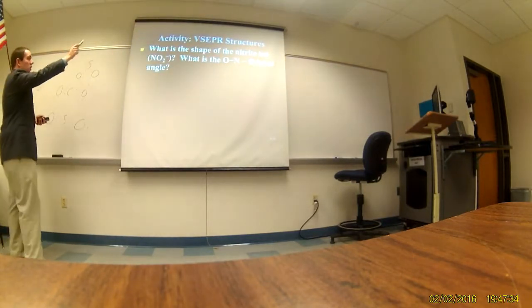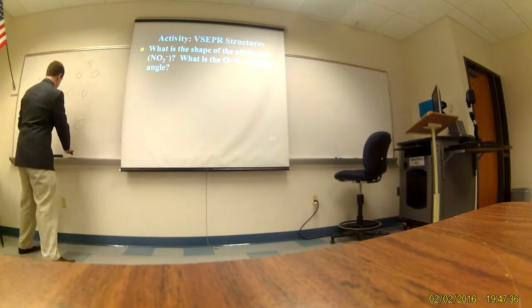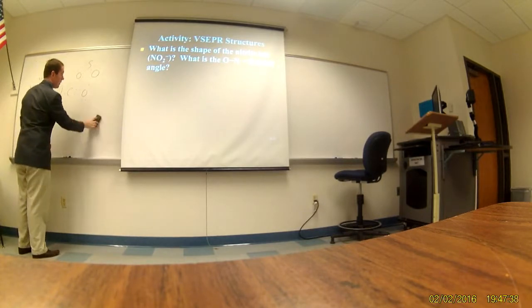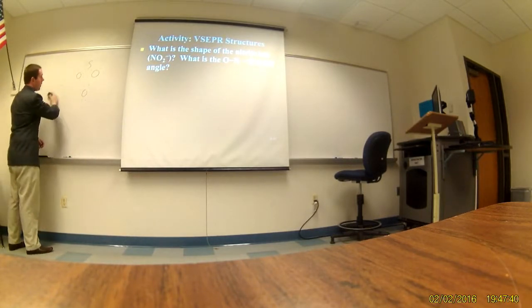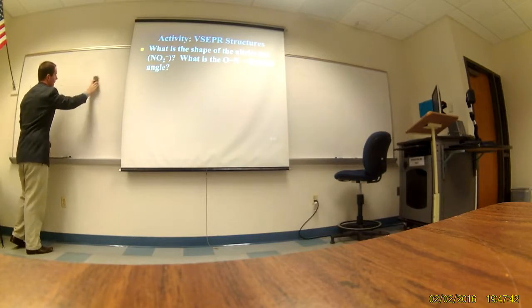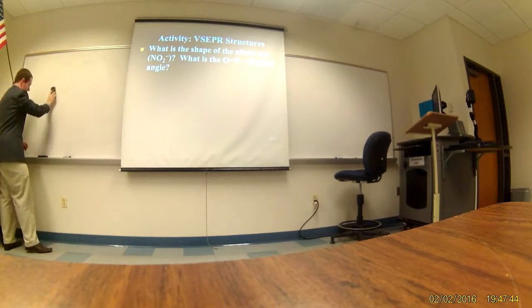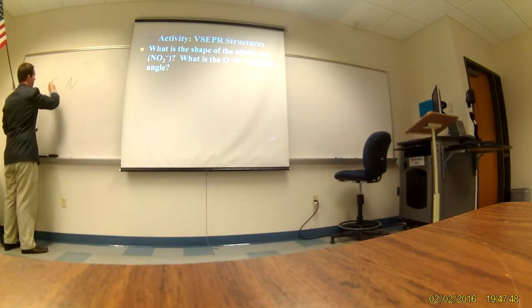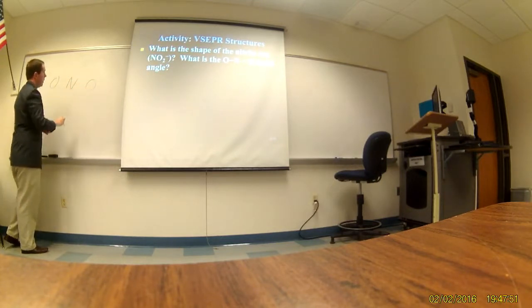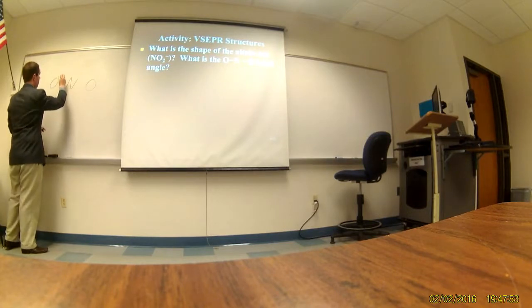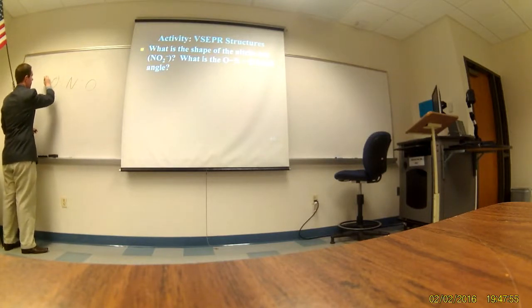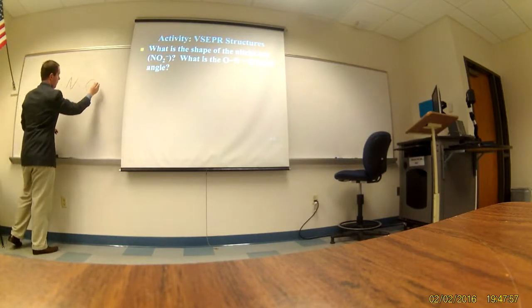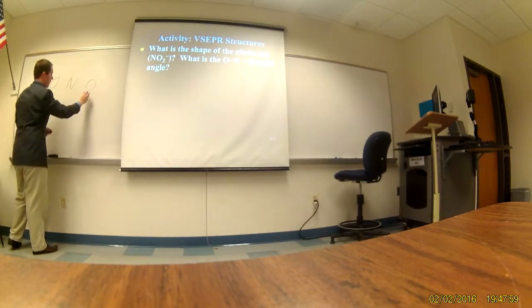So, we're going to figure out the shape of the nitrite ion. And we have to figure out what the bond angle is. So the nitrite, NO2-, we had 18 electrons: 16, 17, 18.